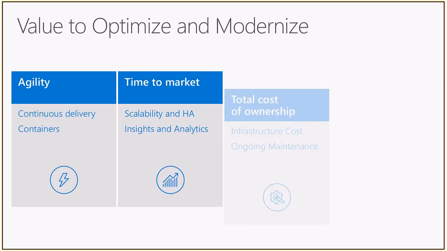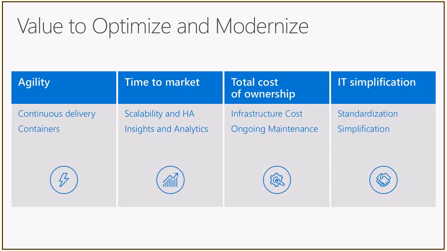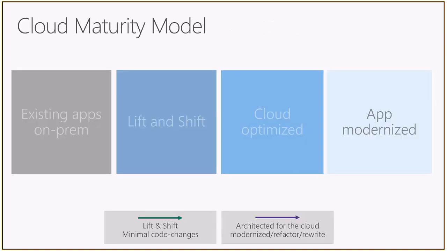These are some of the key things: you want to modernize your application for agility, to quickly deliver value to your customer, to reduce your total cost of ownership, and overall simplify the whole process. I think everyone is aware of that. That's why you want to modernize your application.